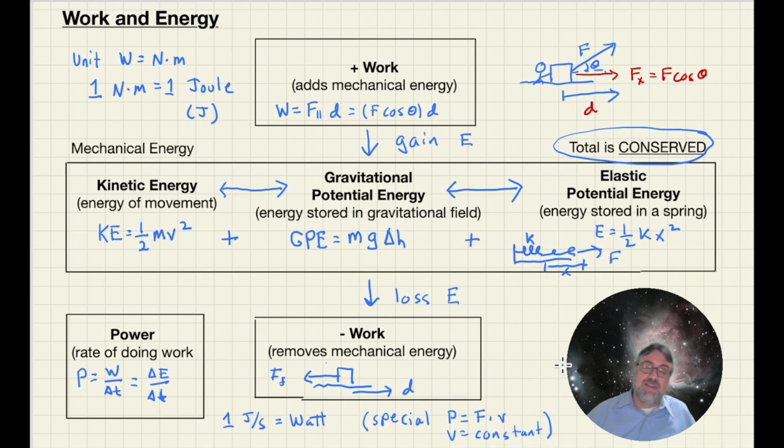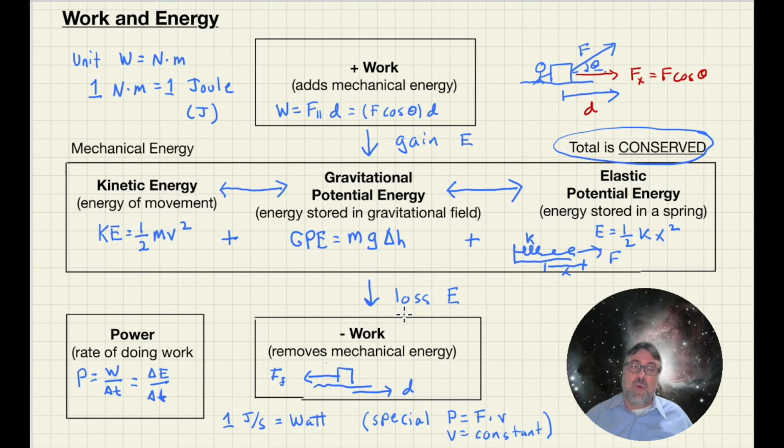And of course, that means the force must also be constant. So when an object is moving at a constant velocity, the power is equal to the force acting on the object times the velocity. But this is only useful when the object is moving at a constant speed.